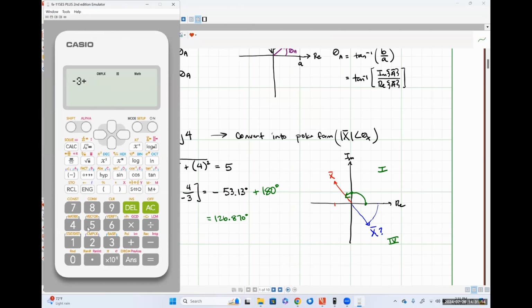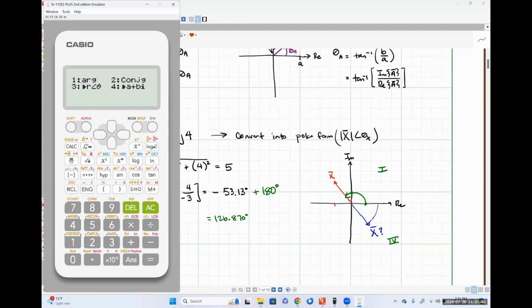-3 +4 engineering button. So the Casio 115 does not have the option button like the Casio 991 has. Instead, you press Shift 2 to bring up the complex menu. And the options on the Casio 115 are a little bit more limited.